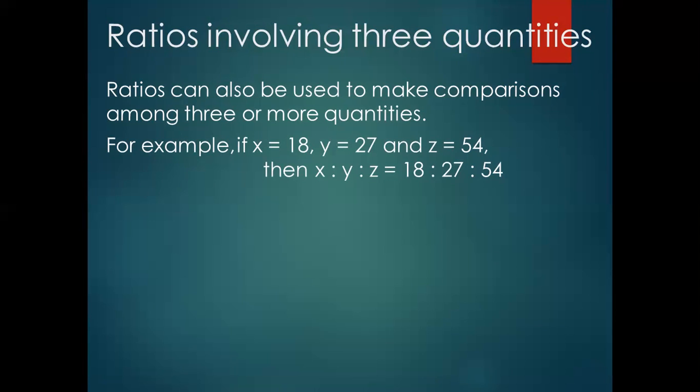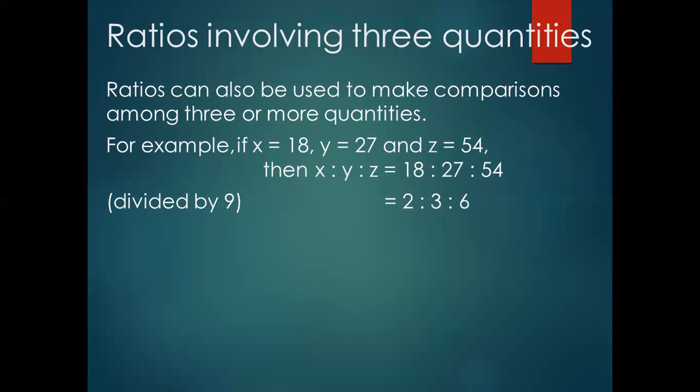As you can see, this is not in simplified form. All of these can be divided by 9, which is the GCF for all three. Now 2 colon 3 colon 6 is the simplest form.